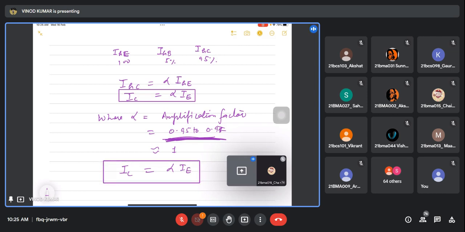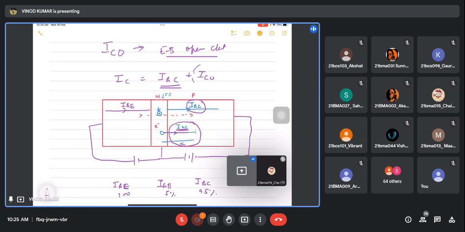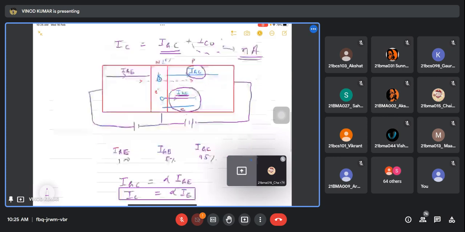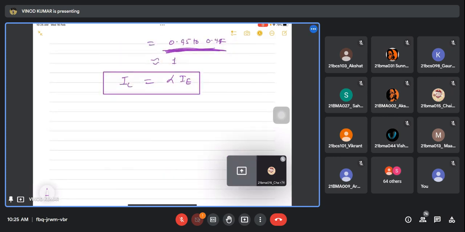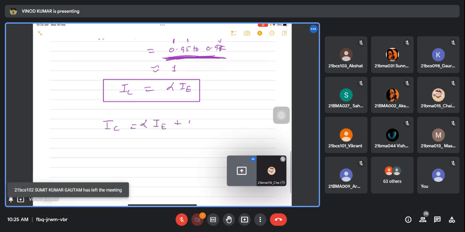In this case we neglect these minority currents because they are in nanoamperes. So this equation is: IC is nothing but alpha of IE plus ICO.